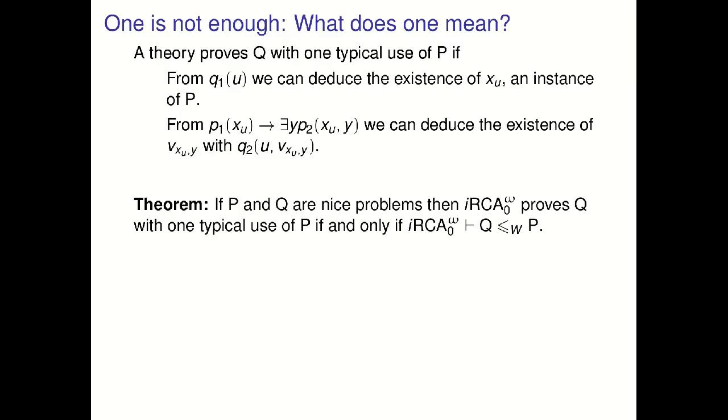So this is a pretty little theorem. It seems to make a very tight link between this computability theoretic notion and the idea that you can actually count the number of uses in a particular proof.